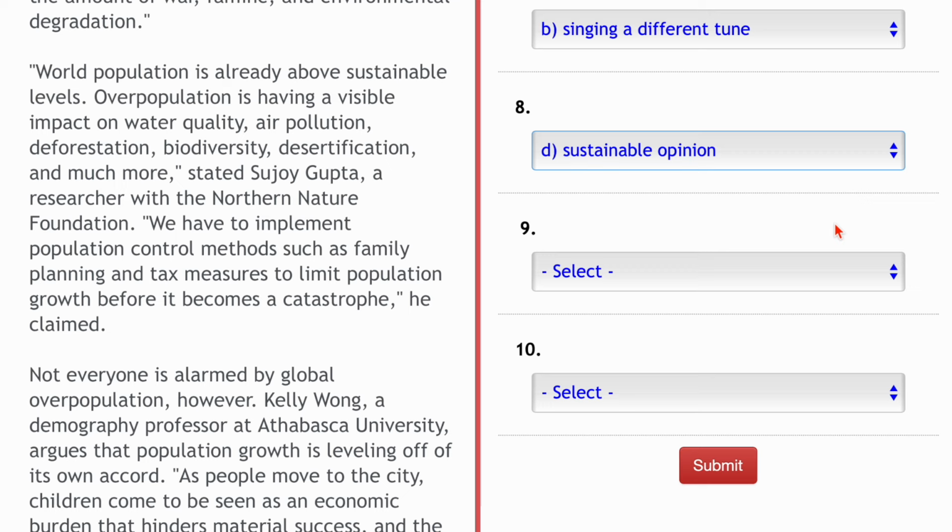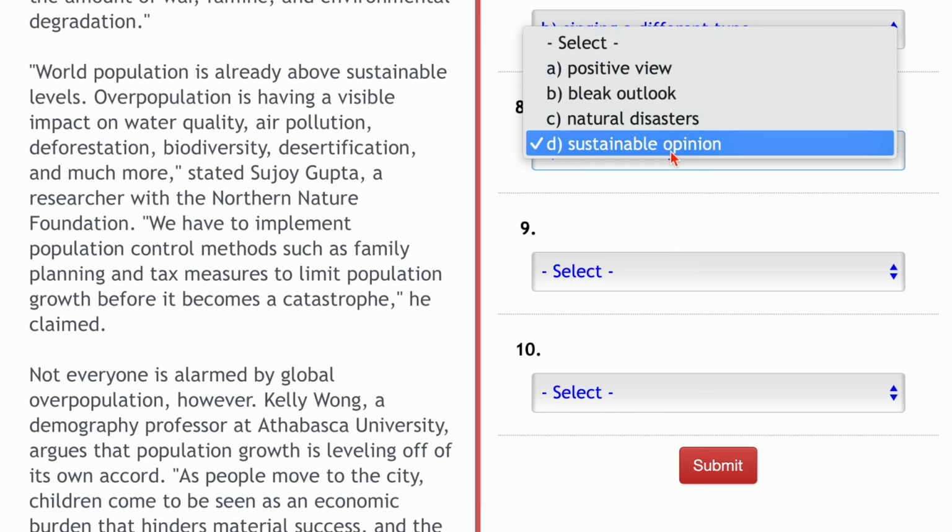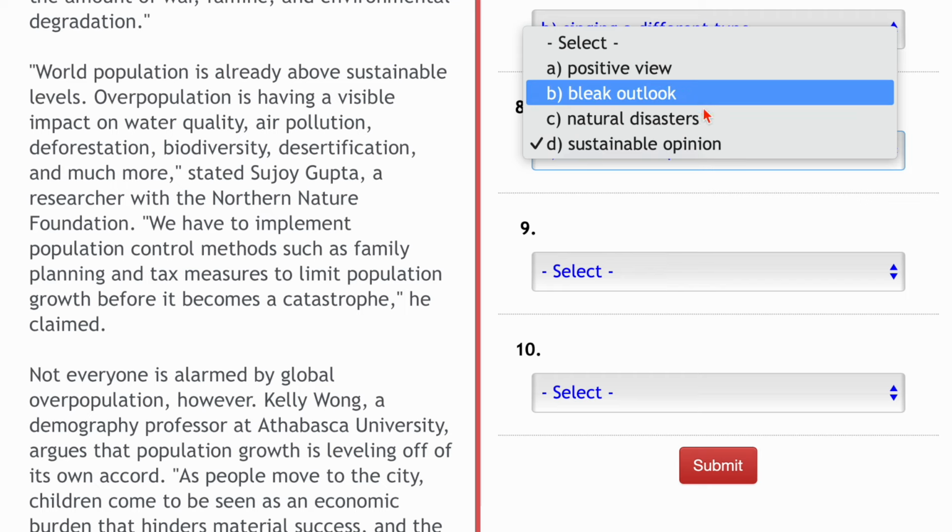Because Gupta said world population is already above sustainable levels. Unsustainable opinion. He believes that we have population growth and right now we are not able to sustain it. So unsustainable, not sustainable. So bleak outlook, natural disasters.